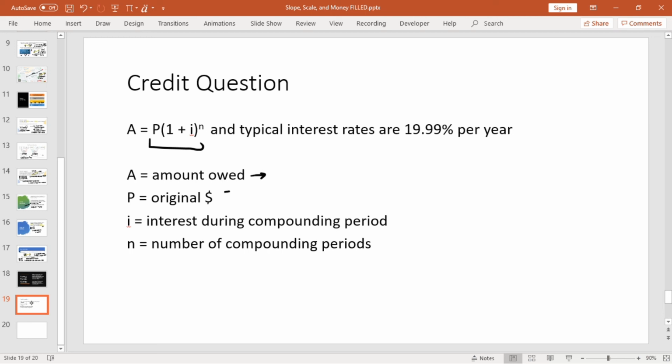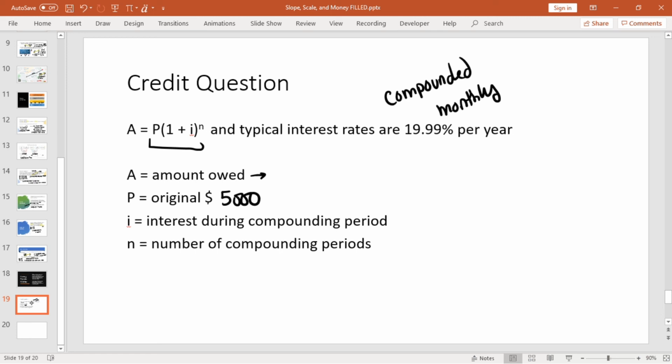My original amount was $5,000. Now, the interest is compounded monthly, so you have to think about how much you have to divide it by.